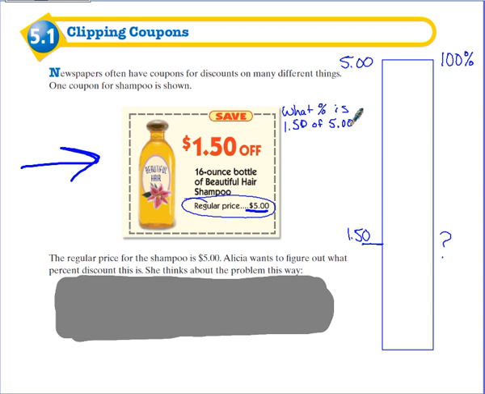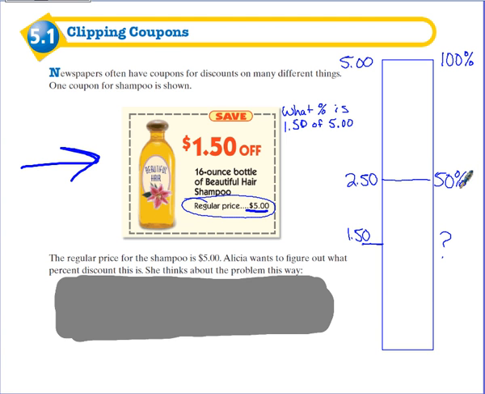Maybe let's just think about half. We know that half of $5 is $2.50. Well, that helps us a little bit. What else can I keep doing? Maybe find the 50 cents. What percent? Oh, wait. Let me go back to this. $2.50 was 50%.